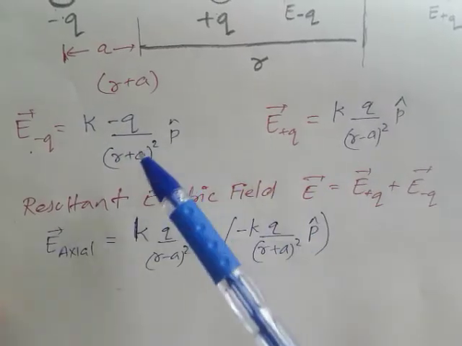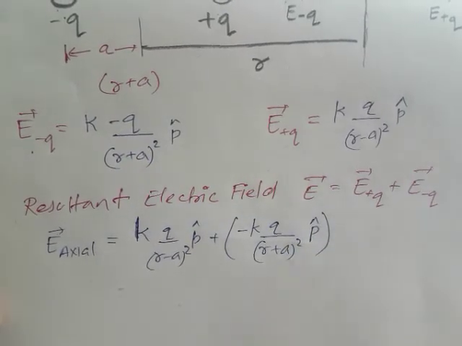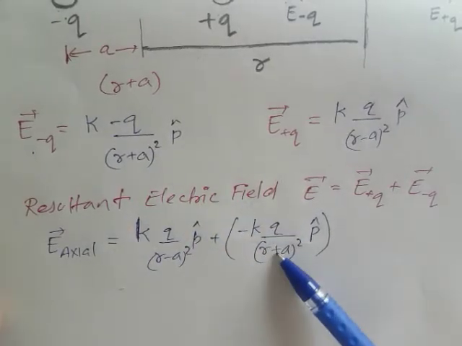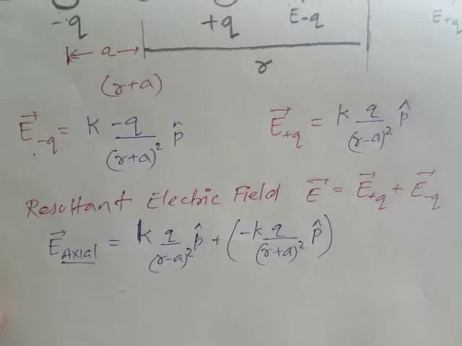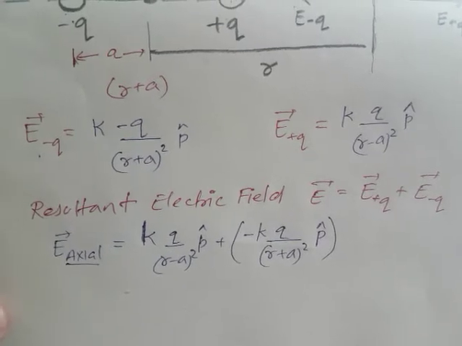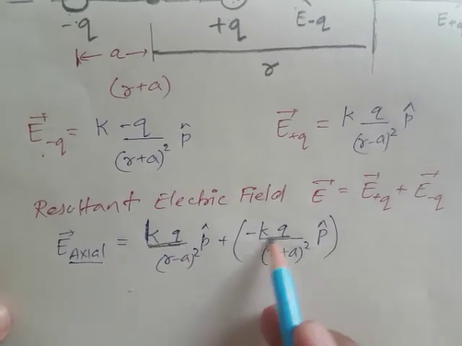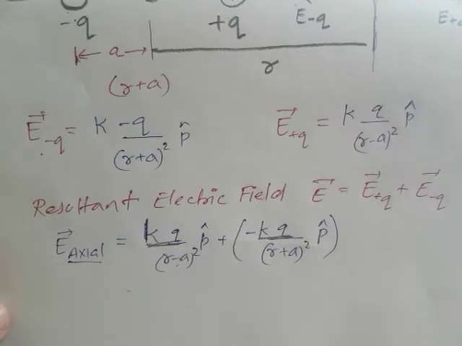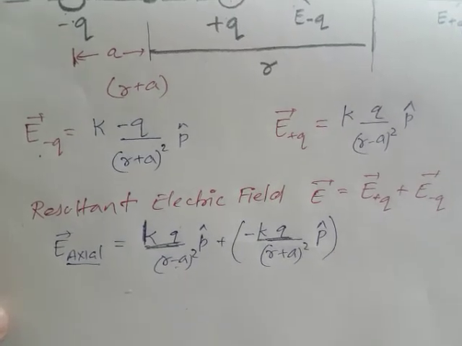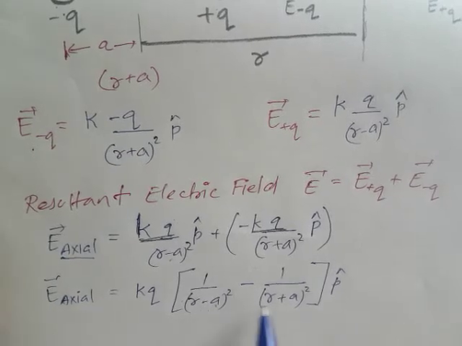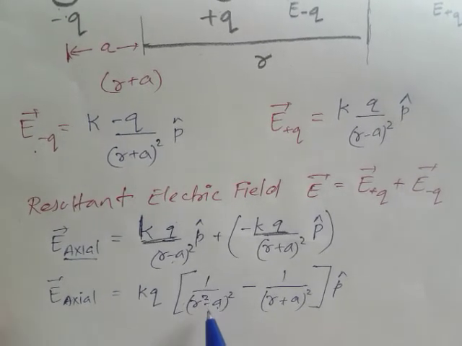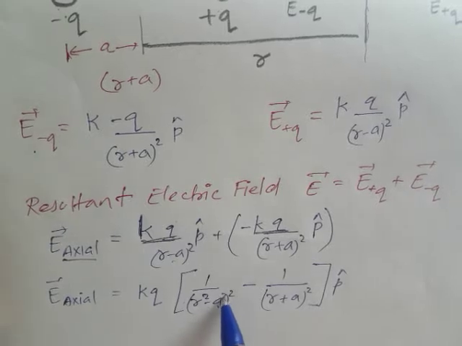From above I place these values directly, plus one and this is minus electric field, we get E axial total field. We can now take kQ as common, and we will subtract these.